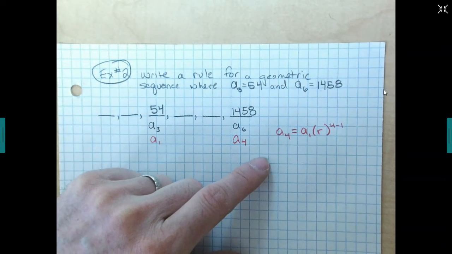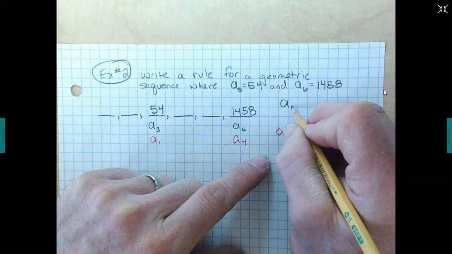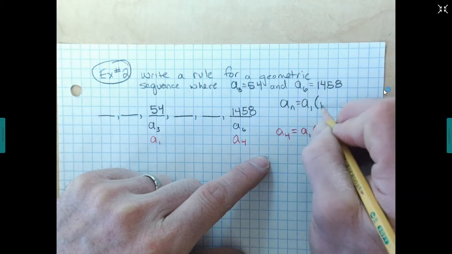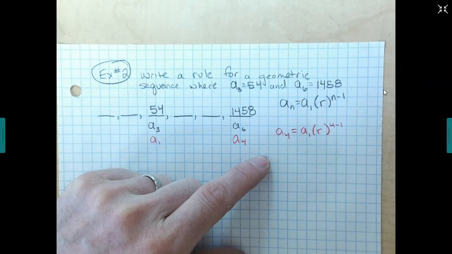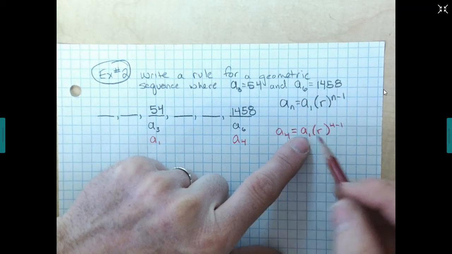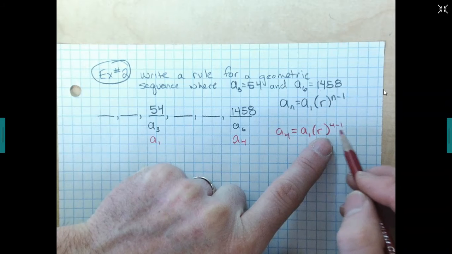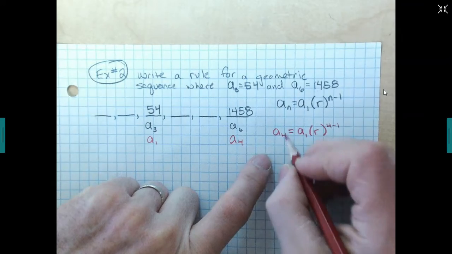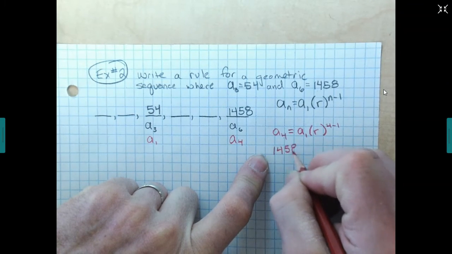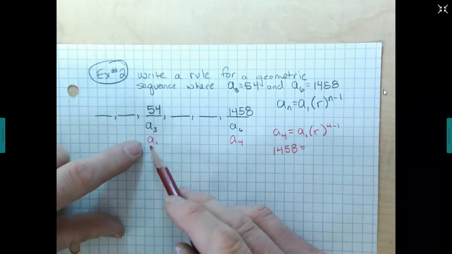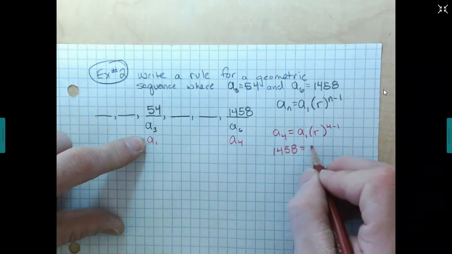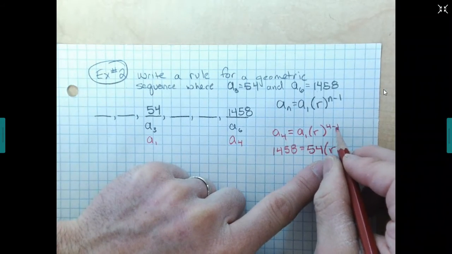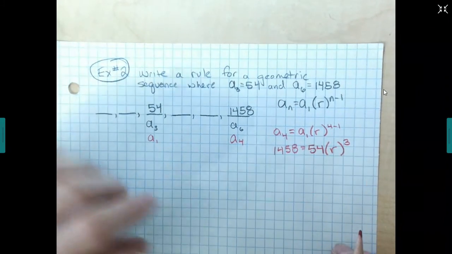Okay, so we're using the same formula: a_n equals a_1 r^(n minus 1). So I have a_4 equals a_1 times rate to the n minus 1. Now we know what a_4 is for our modified version. It is 1458 equals, and then a_1 for our modified version when we subtract the 2 is 54, times r, and we know this is 4 minus 1, so this is to the third.